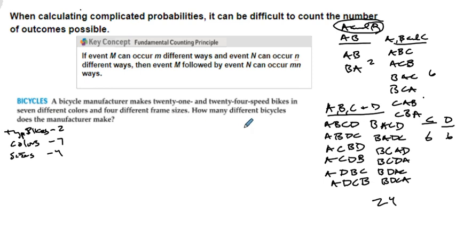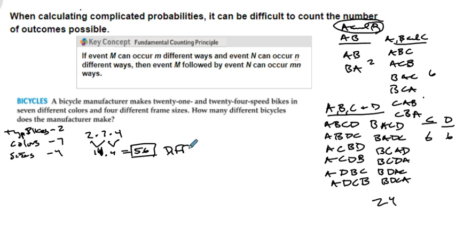So you'd say, it's 2 times 7 times 4. In this case, you just multiply these all together. 2 times 7 is 14, and 14 times 4 is 56. So you have 14 times 4, not 16, 14, equals 56 different bicycles.